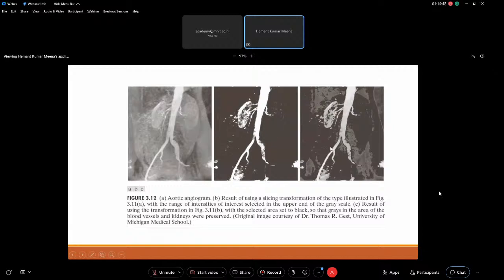In the same way, you can see the area of the blood vessels and kidneys were preserved while the transformation is taking place in the remaining area.